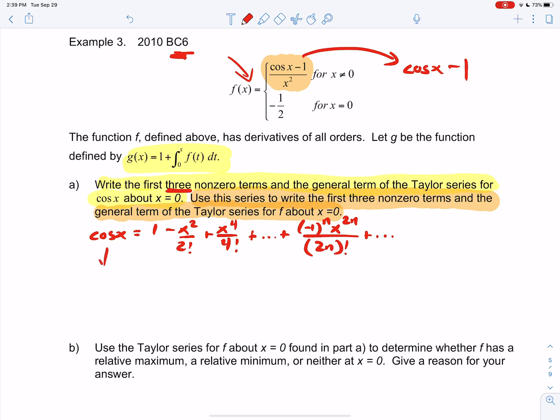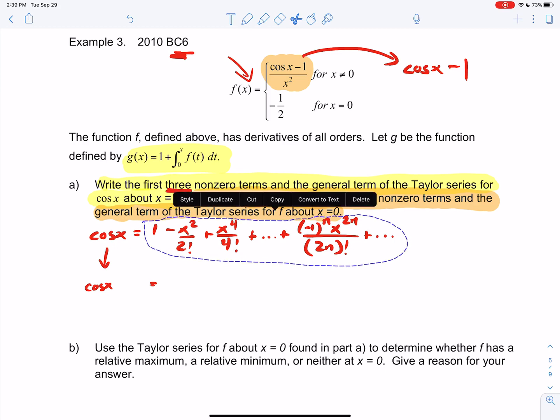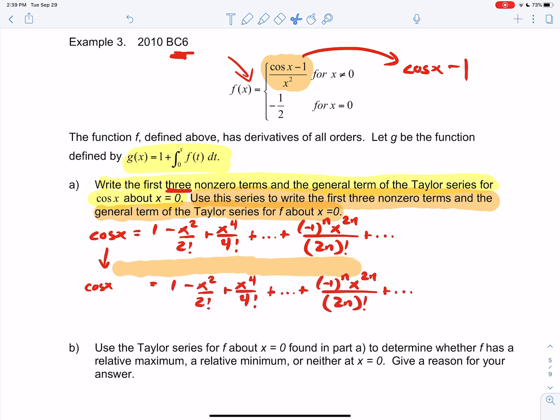Because, take a look. If I want cosine x minus 1, I would have to just subtract 1 on the other side. I'll use this in different colors, okay? Let me see if I can copy paste that. Yeah, not bad. Okay.